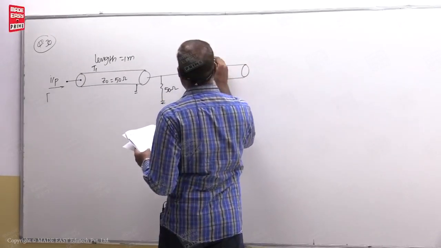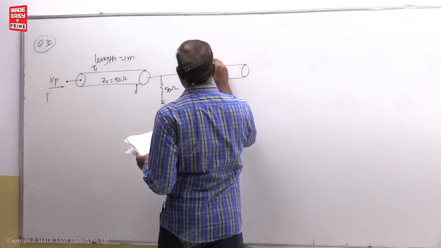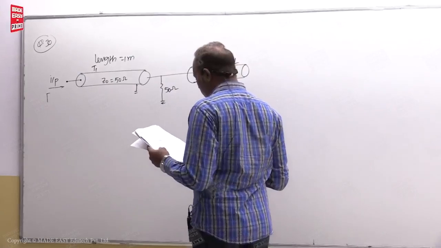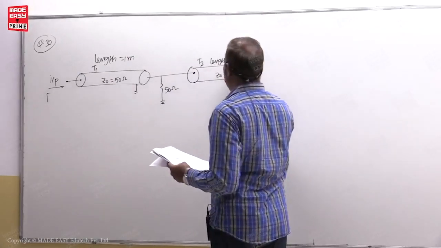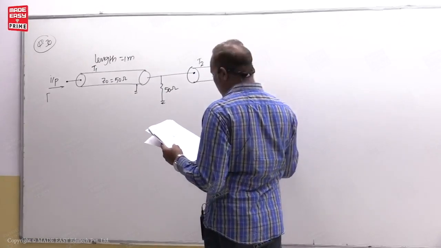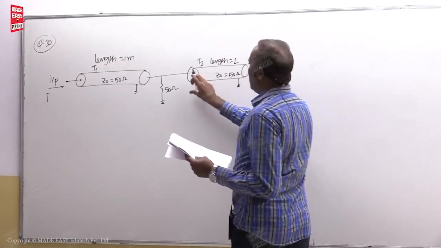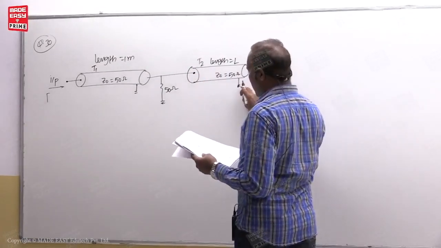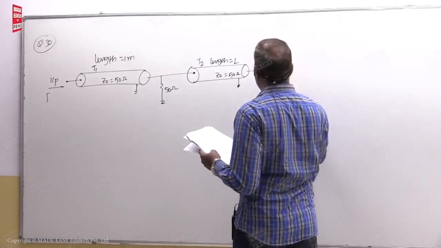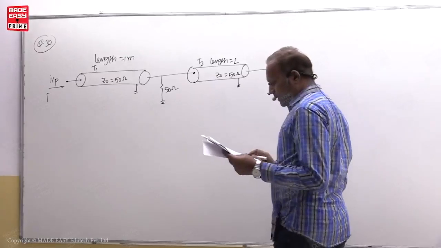So the T2 transmission line length is given as capital L. For this also the characteristic impedance is 50 ohm, and it is grounded because all the inputs are connected with respect to this ground. So the output is actually an open terminal. So this is an open terminal.